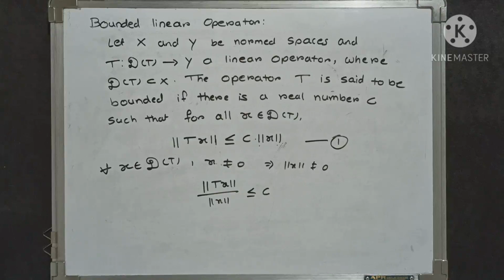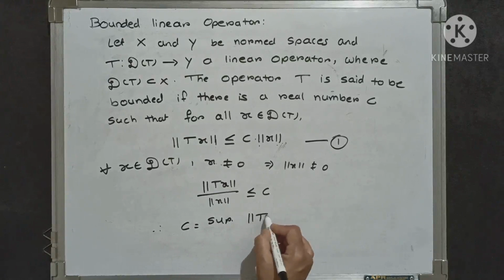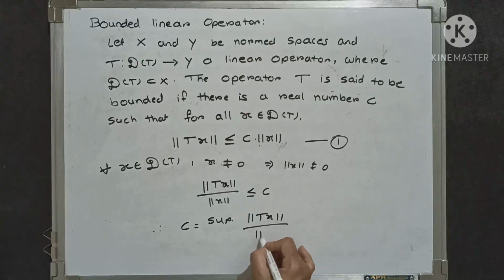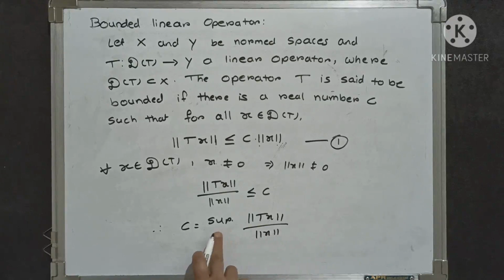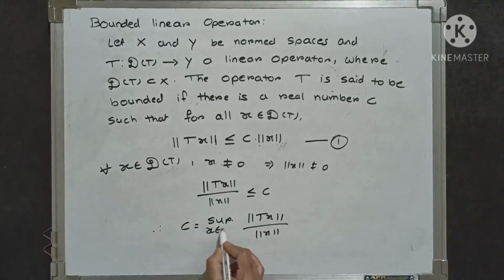Therefore C must be at least as big as the supremum of all these values, and so we can take C equal to the supremum of norm of Tx divided by norm of x, with x belonging to D(T) and x not equal to 0.